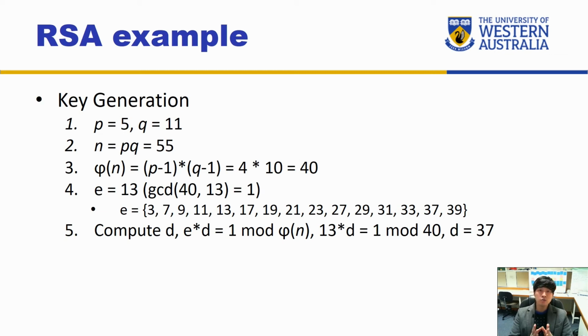Then using the extended Euclidean algorithm, you can compute e times d equals 1 mod phi n for value d, and in this instance, d equals 37. If you do 13 times 37, it's going to give you a large number, but if you keep reducing it by 40, eventually you'll end up with value 1.